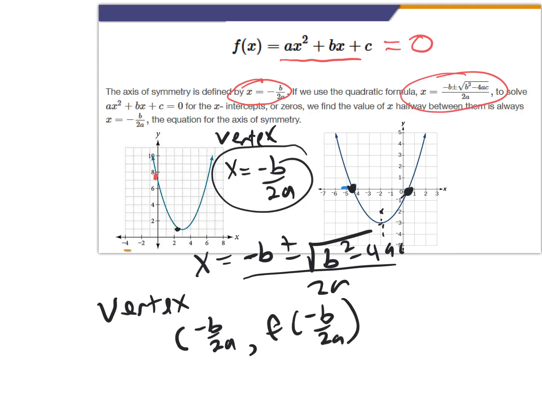Whatever answer you get for this, you have to plug it into the function right here. So it goes in there, goes here, and it goes here. And the answer you get would be what I'm underlining in red. Whatever answer you get, this is my x, this is my y, and this will be my vertex.